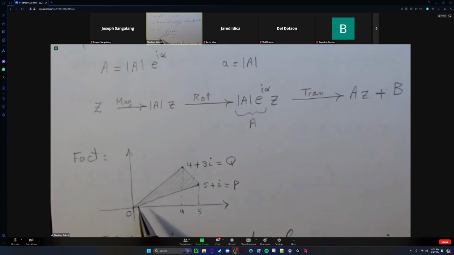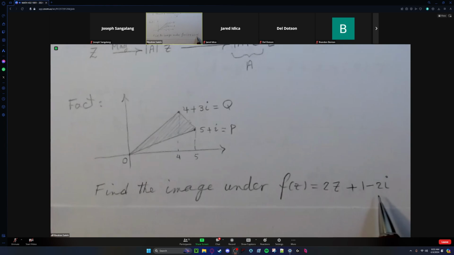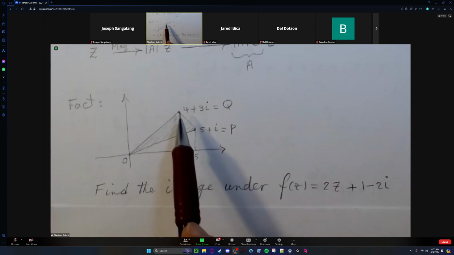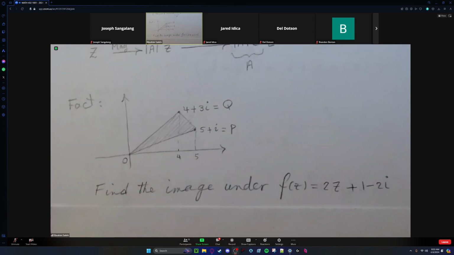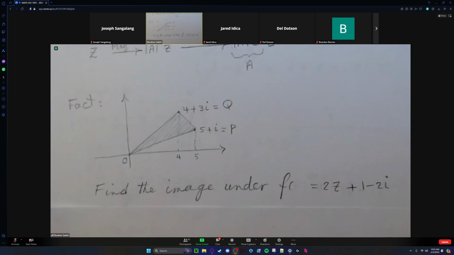So in order to find the image of this under this function, we better just find the image of these 3 points and then join them. So what is the image of 0 under this function?